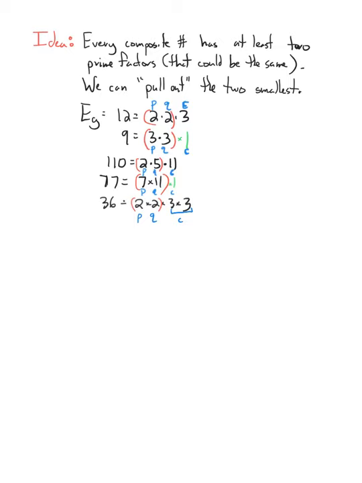Okay, now that we have this idea, let's go ahead and do our proof. Remember, we need to assume there's a counterexample so that the if part is true and the then part is false. So assume there is a composite number.